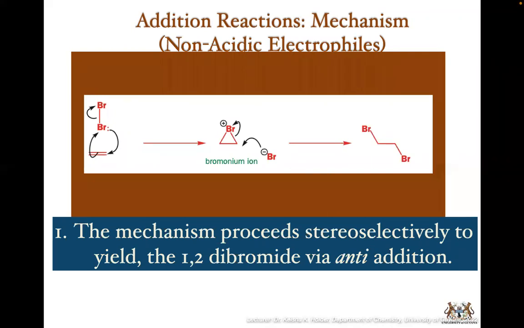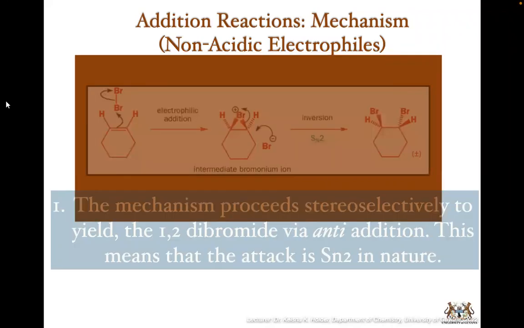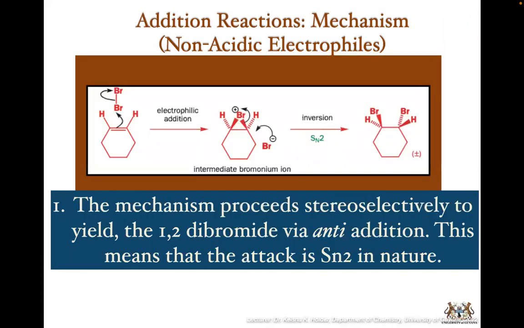And so that results in what we call anti-addition. Here's an example of bromination occurring in a real context, where we have a cyclohexene molecule initiating the attack on the bromine molecule itself.